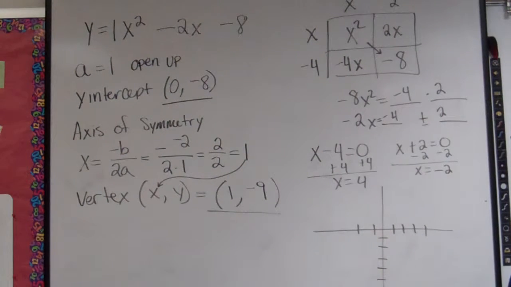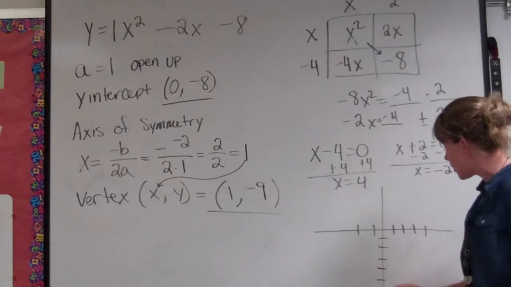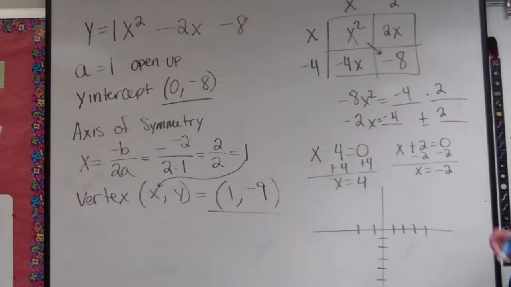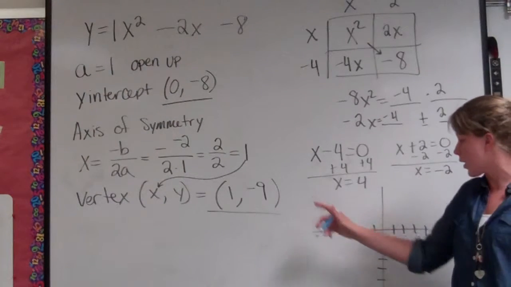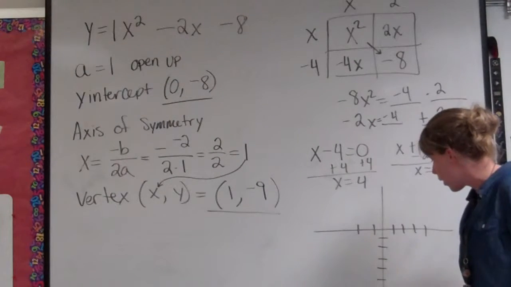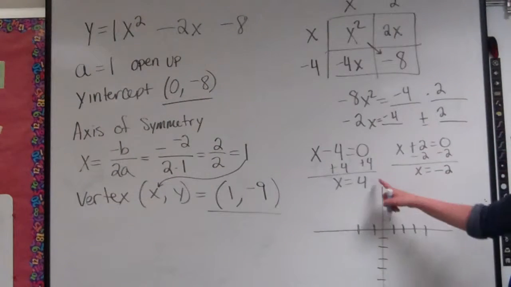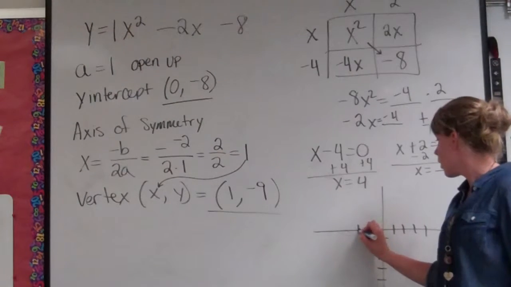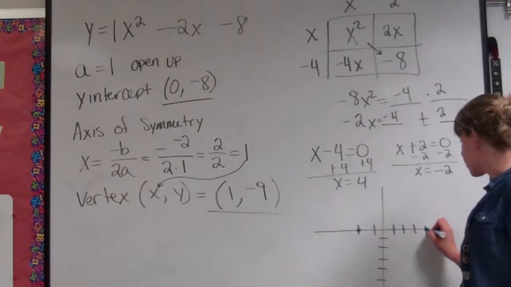We see that our y-intercept is at (0, negative 8), so I go to (0, negative 8). That's down here. We know that our vertex is at (1, negative 9), so I go over 1 on the x and down 9 on the y. And then our x-intercepts are at 4 and negative 2, so here's negative 2, and here's positive 4.